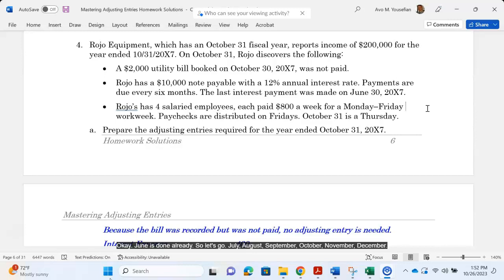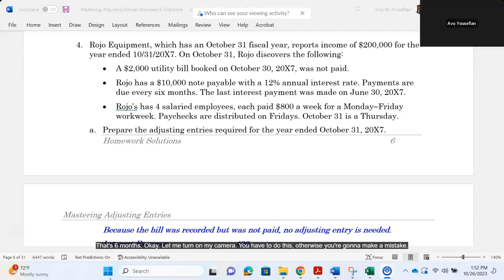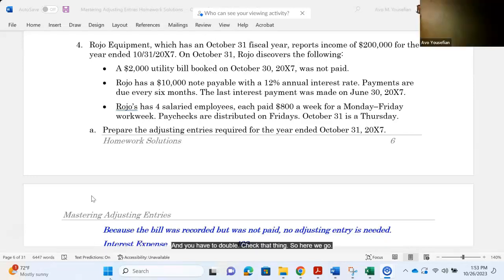June is done already. So let's go. July, August, September, October, November, December. That's 6 months. Let me turn on my camera. You have to do this, otherwise you're going to make a mistake, and you have to double check that.